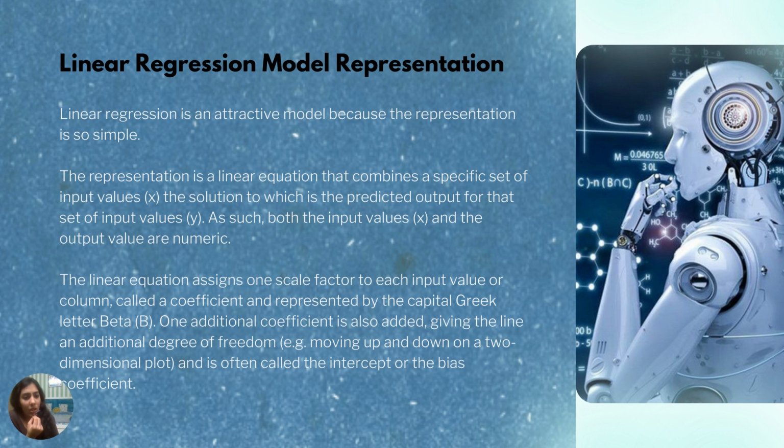The linear equation assigns one scale factor to each input value or column, called a coefficient and represented by the capital Greek letter beta. One additional coefficient is also added, giving the line an additional degree of freedom, for example moving up and down on a two-dimensional plot, and is often called the intercept or the bias coefficient.